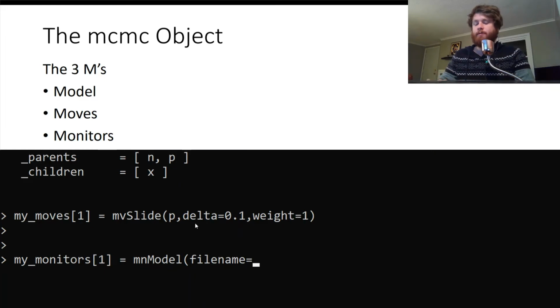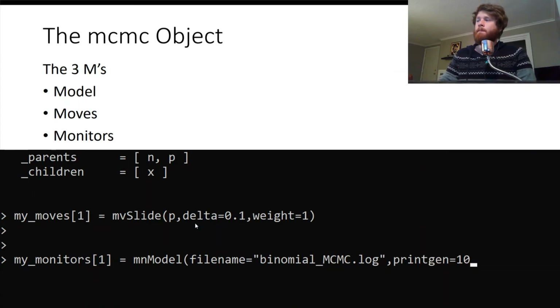The first argument it takes is a file name, so we're going to call it binomial_mcmc.log. And then we will have printgen, which just says how often we record into the file. This says that every 10 generations, we will record a value into our file.